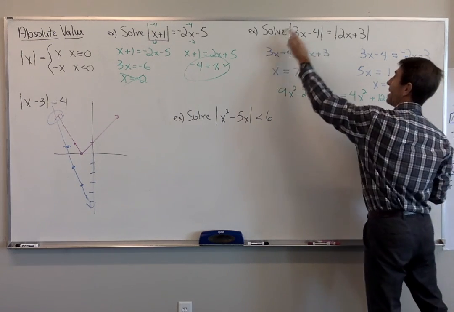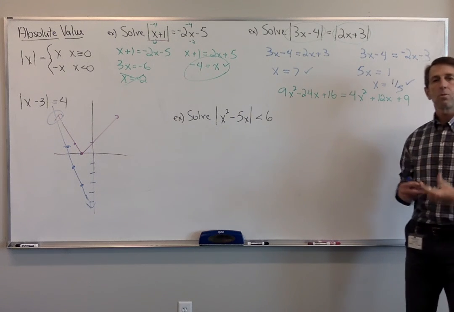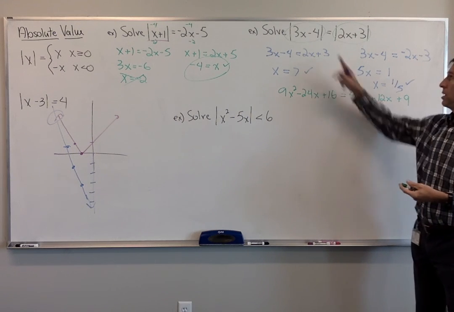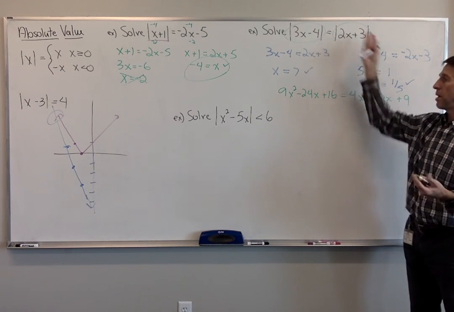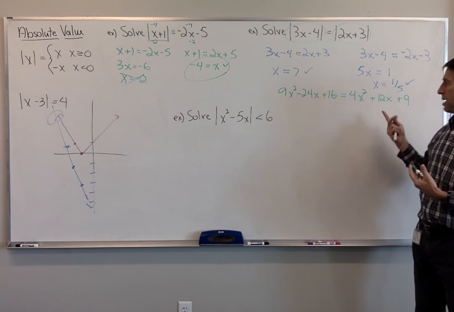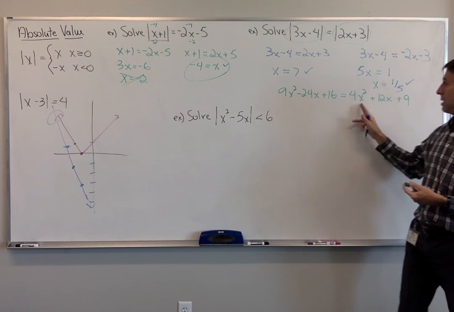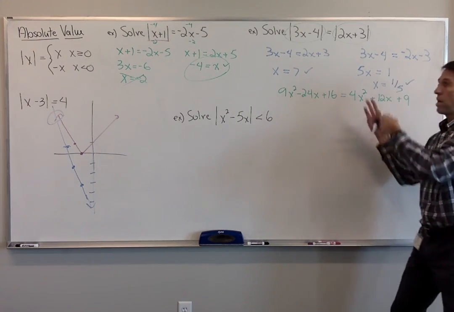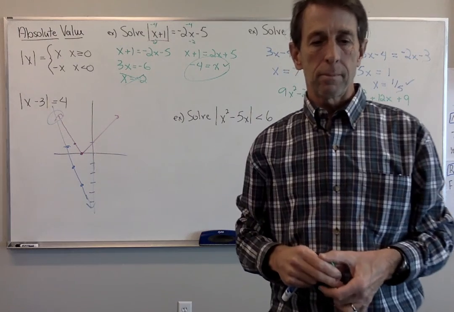Because whether they're positive or negative isn't going to affect once I square them. So if these two are equal, the square of each of them would be equal. And once we square it, we don't have the absolute value symbols, and then we could solve this. Now, as I said, in this case, I'm not sure I'd go there, but if you can maybe anticipate the x squareds canceling or some of the other terms canceling to make it fairly simple, it's not a bad option.